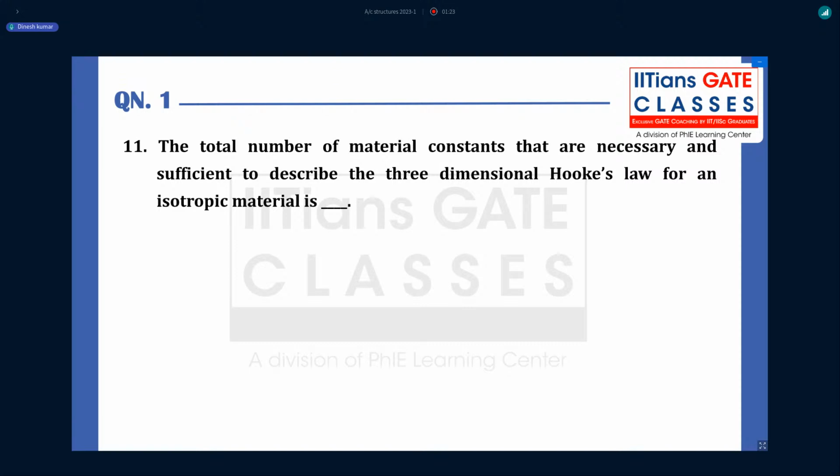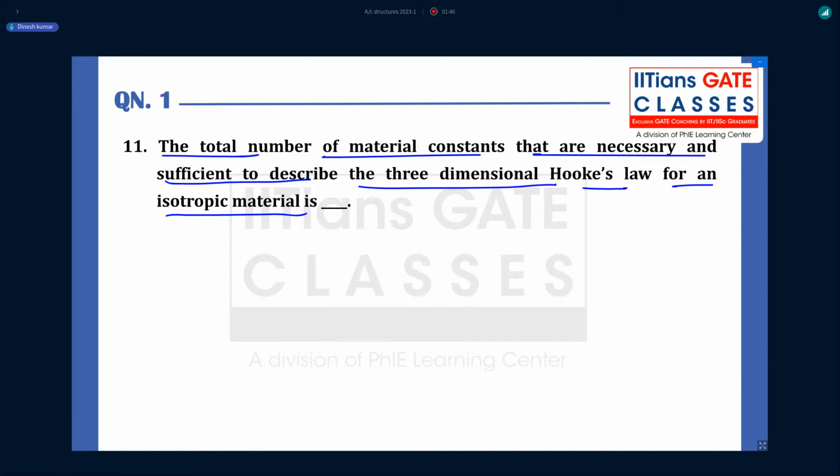If you see the first question, it is from basic SOM, strength of material, or basic elasticity. It says: the total number of material constants that are necessary and sufficient to describe the three-dimensional Hooke's law for an isotropic material is.